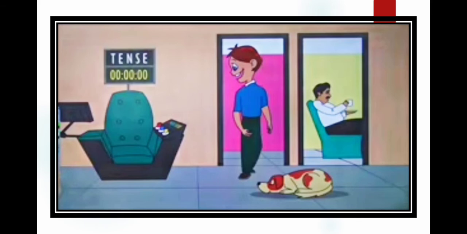Students, today I am going to tell you one interesting story. Look at the boy who is in blue t-shirt. His name is Jack. Jack's father is a very famous scientist working on a top secret project. Jack's father works in this room where Jack is not allowed to enter.